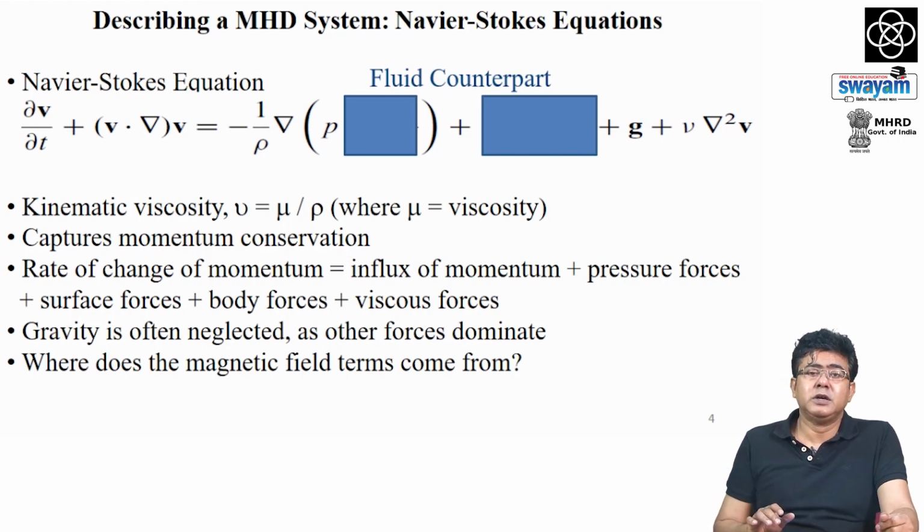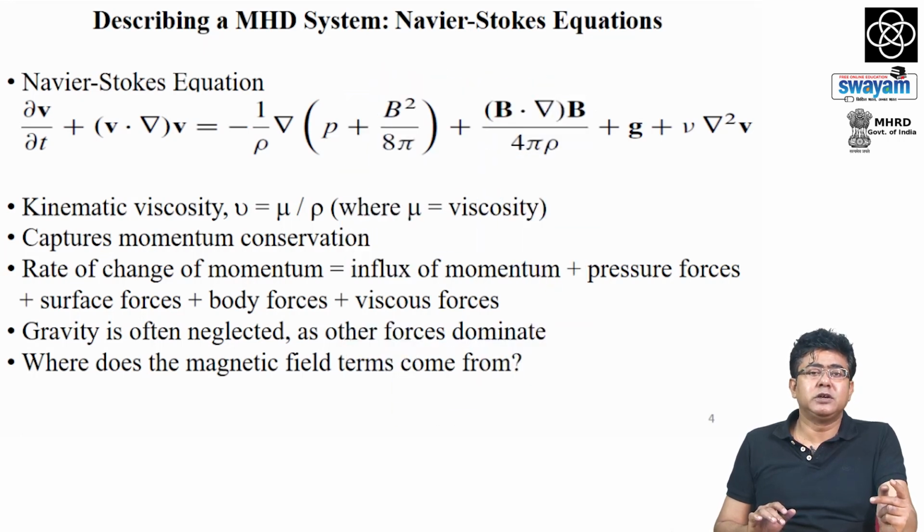And in plasma systems where magnetic fields are present, there are 2 important changes brought about to the Navier-Stokes equation. Right now, what you are seeing is the fluid Navier-Stokes equation, not for plasmas. If I consider this for plasmas, then I introduce 2 additional terms, and these are the 2 additional terms.